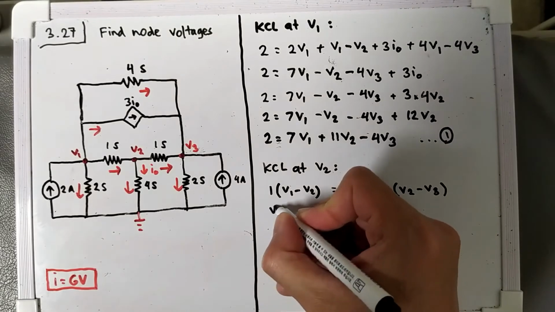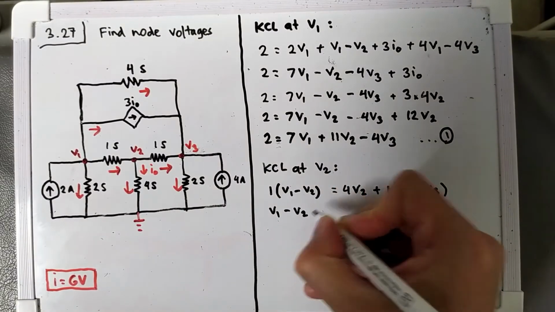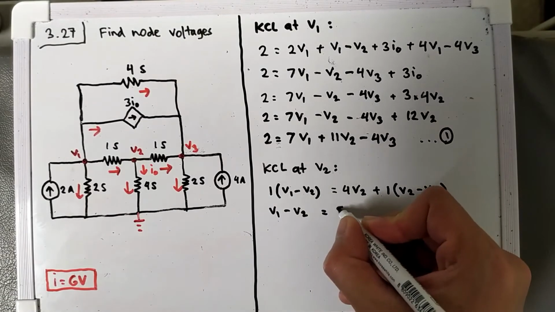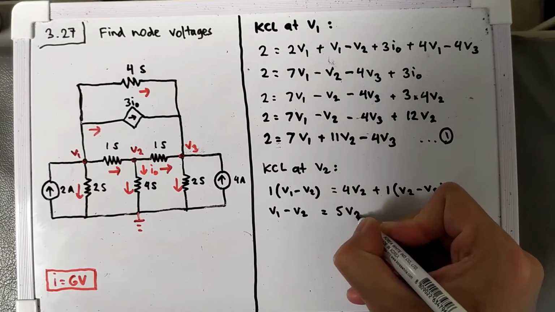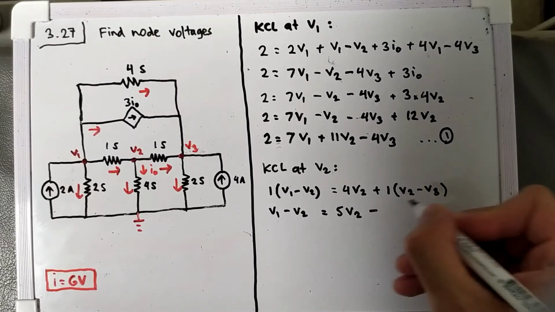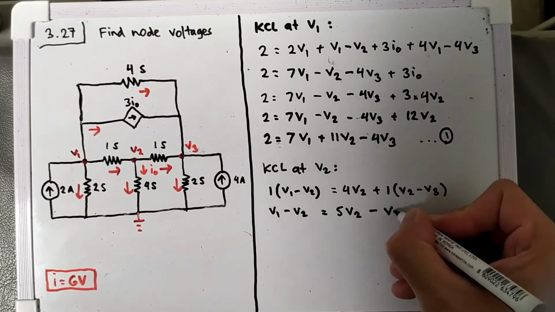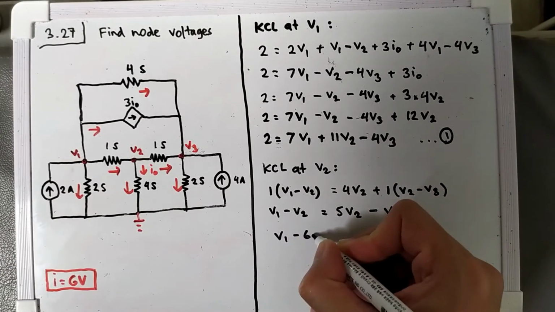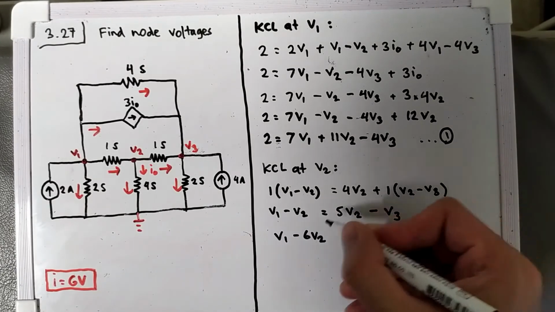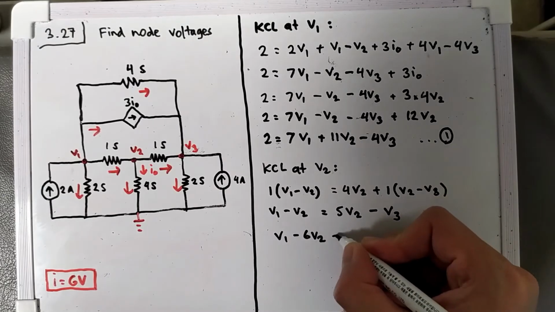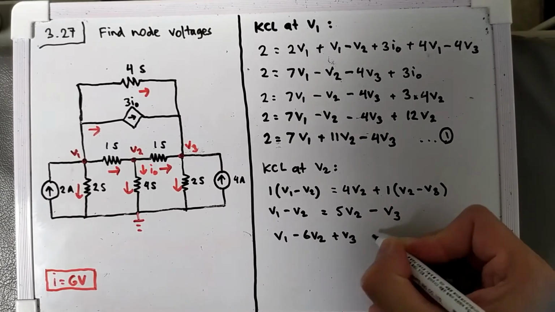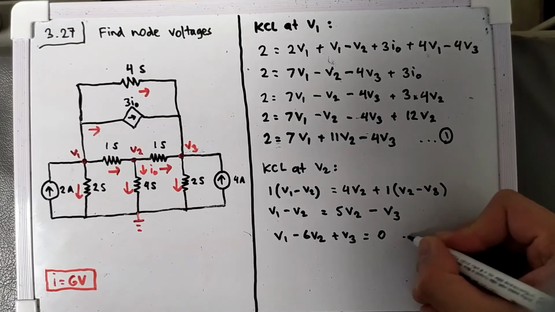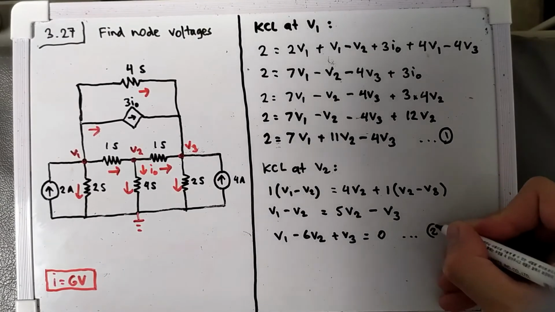We can do some algebra here, and that is 5V2 minus V3, so we have V1 minus 6V2 plus V3 equal to 0. Let's save this as equation number 2.